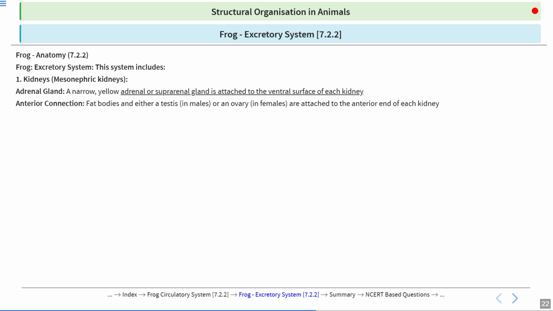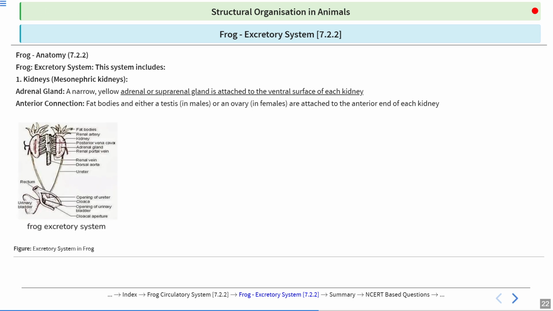So the kidney is not only involved in excretion, it is also providing a base for these organs. The testis is so important in the male frog, and similarly the ovary is very important in the female frog, right? So these reproductive organs are connected to this kidney only. The fat bodies are very important at the time of hibernation and estivation, so that is also attached to this.